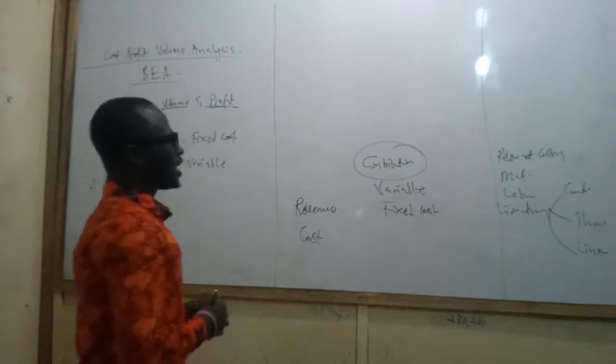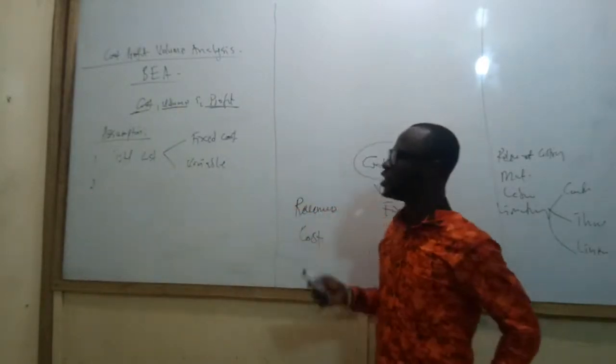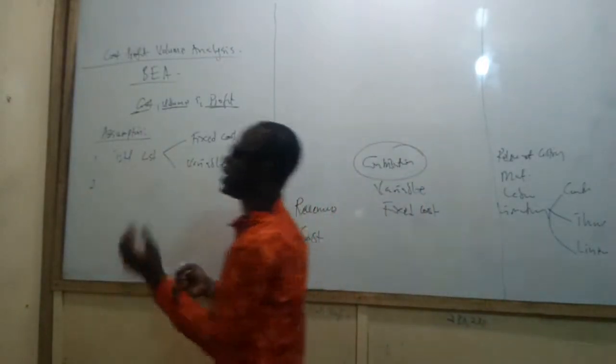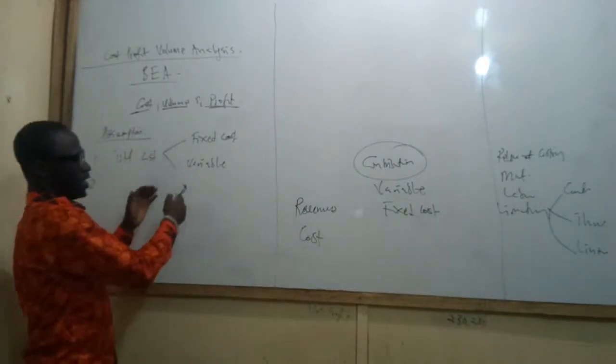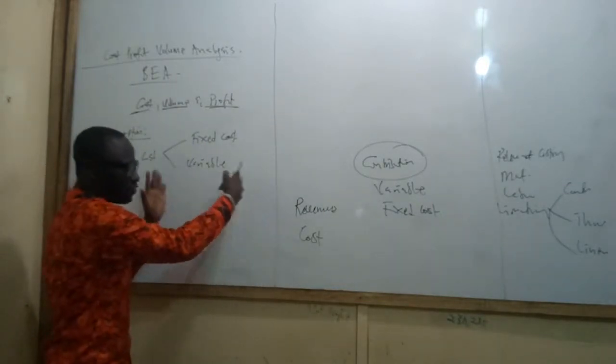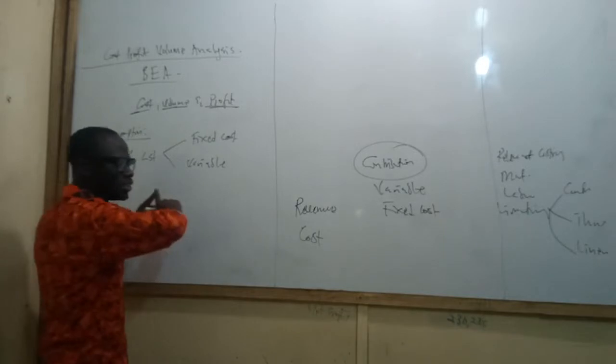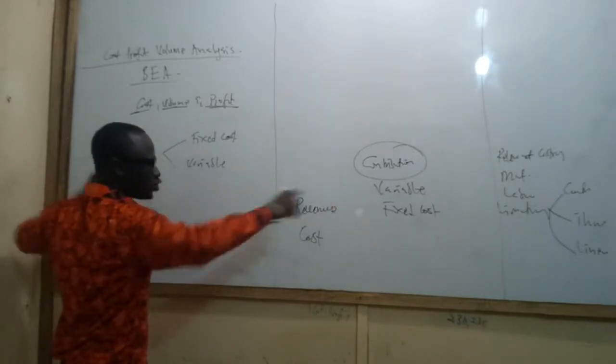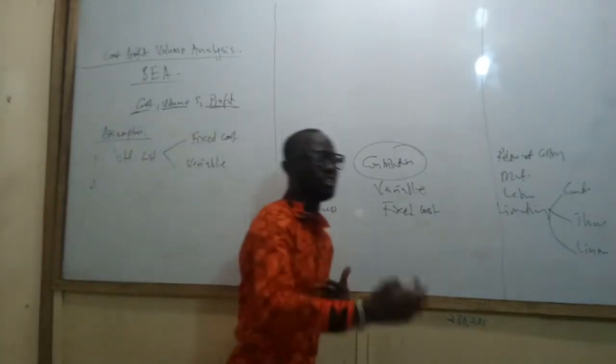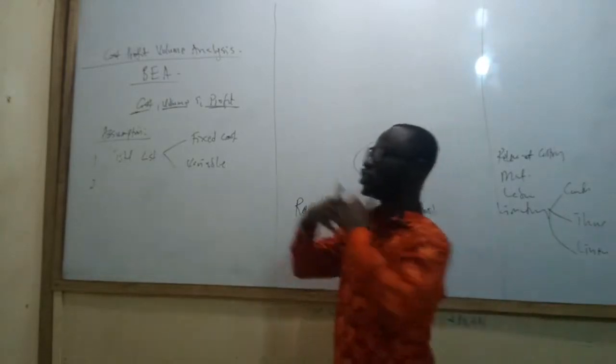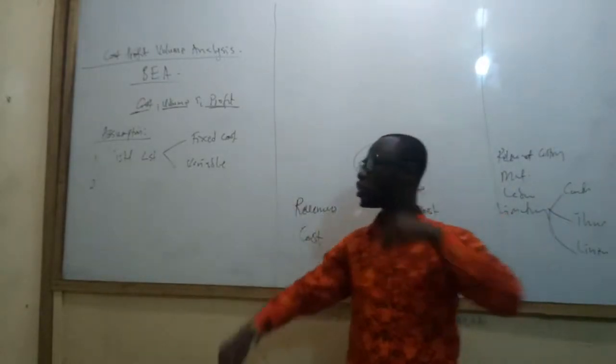So these are some of the assumptions that we are going to be looking at. Another assumption we can say is that the efficiency and effectiveness of machine and labor is also constant. So there is no change in the machine, there is no change in labor, the efficiency is also constant.